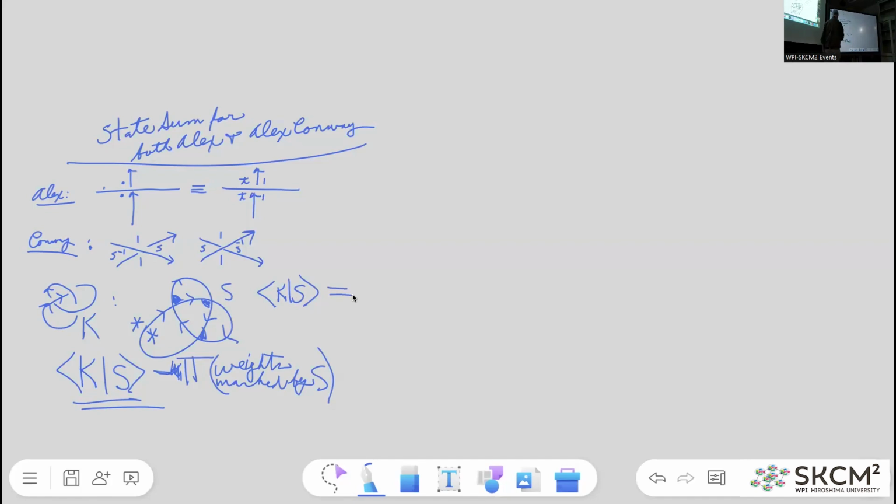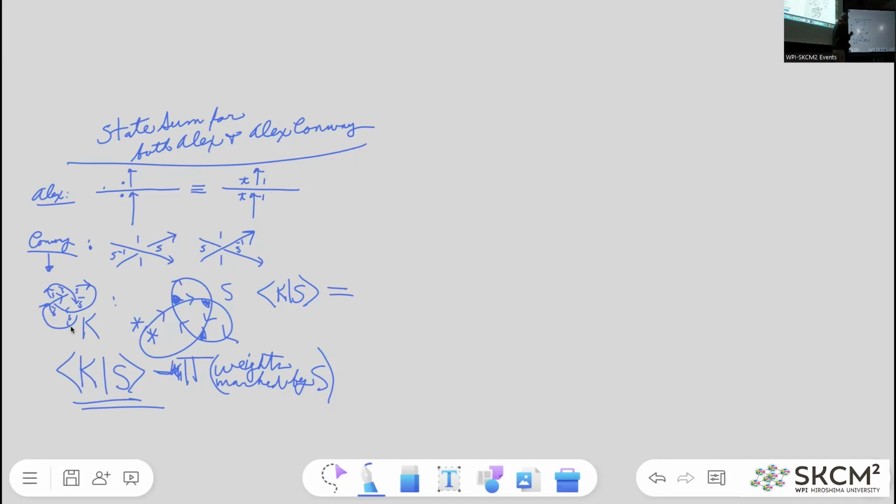Well, you look at this state and you look over here and you see, let's suppose we're doing Conway, all right? We could do Alexander just as well. But if we were doing Conway, then we're going to have S here and S inverse here. We're going to have S here and S inverse there. S here and S inverse there, all the crossings positive. And I didn't draw the ones.